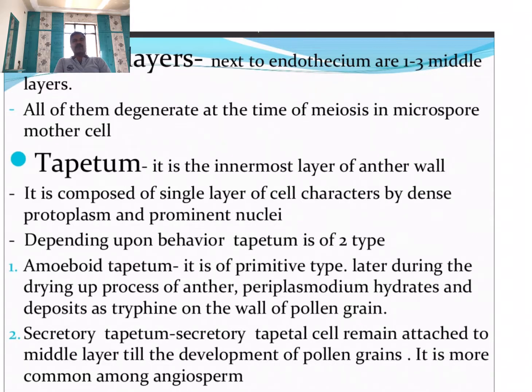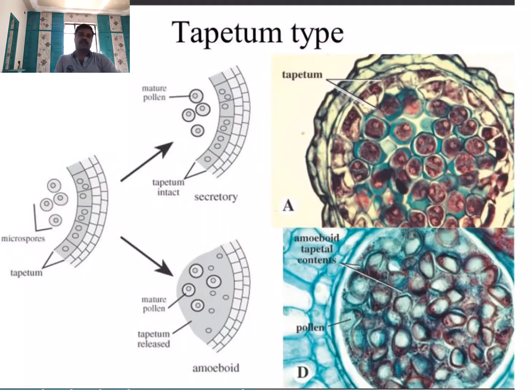Depending upon behavior, tapetum is of two types: one is the amoeboid tapetum and the other is the secretory tapetum. Here, one is the amoeboid tapetum and the other is the secretory tapetum.